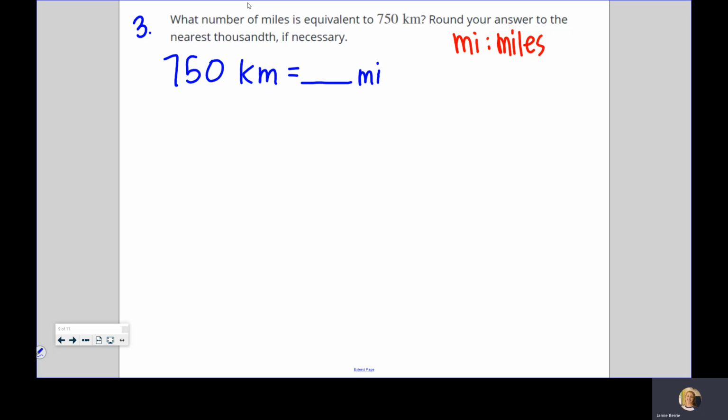So 1 mile is equal to 1.6093 kilometers. Yes, it looks like an L, it looks like milliliters. So it's just a little bit more than a mile and a half.